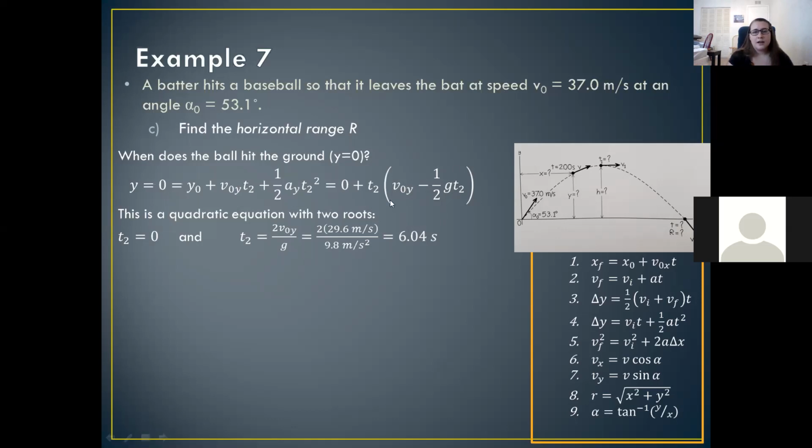So if we take what's inside the parentheses and rearrange it for time, we'd see that that happens at 2 times our initial velocity in the y direction over gravity. So once we plug in those numbers, we get a time of 6.04 seconds. So this ball has a height of 0 at the very beginning and then at a time of 6.04 seconds.